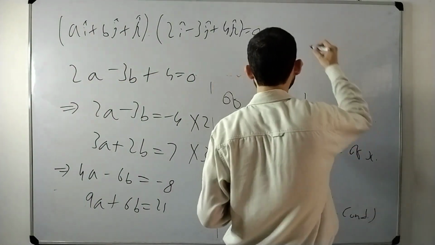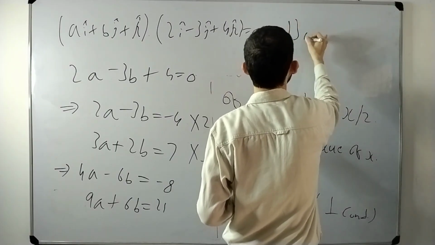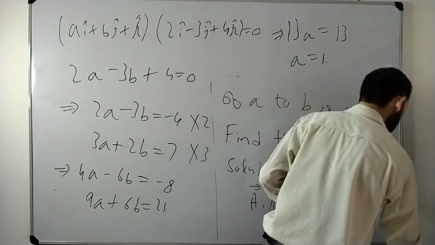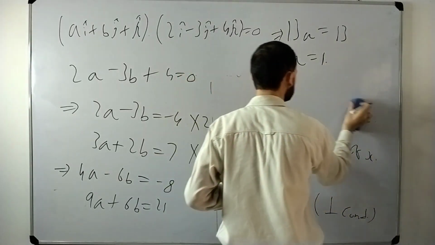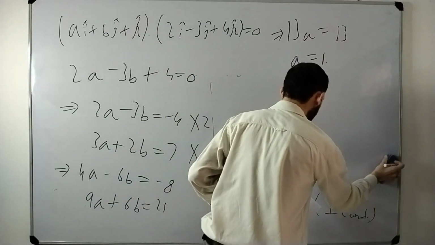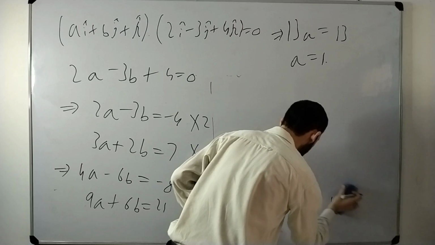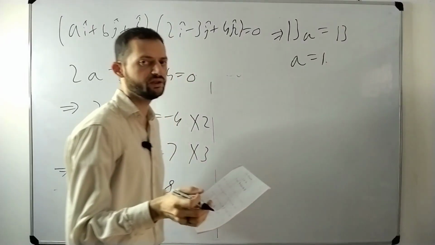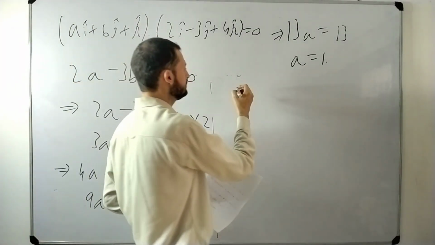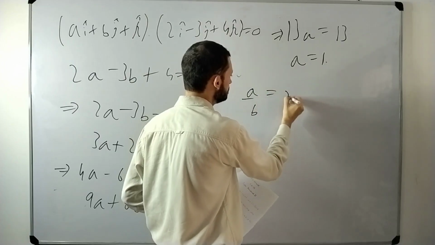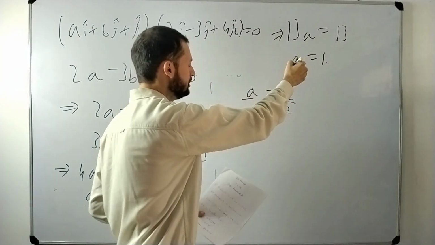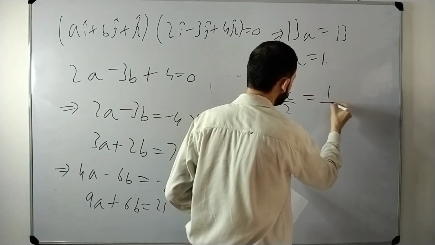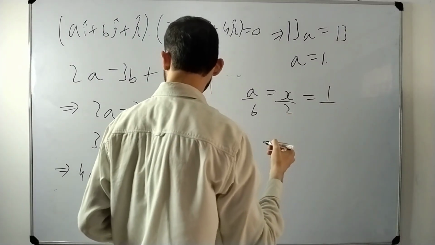So this comes out to be 13a equals 13, and a is 1. So the ratio according to the third condition of ours, A to B is x by 2, right student? And what is the value of a here? 1.